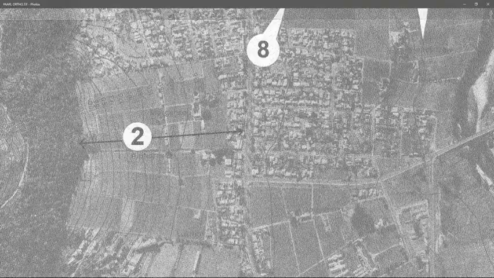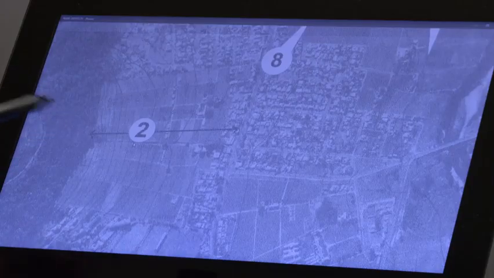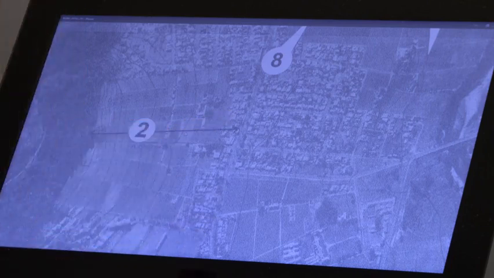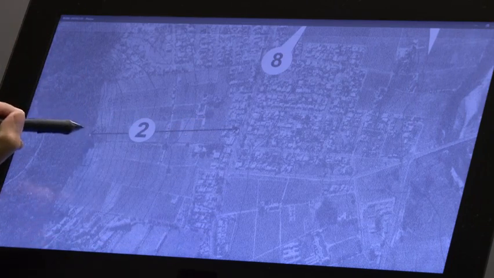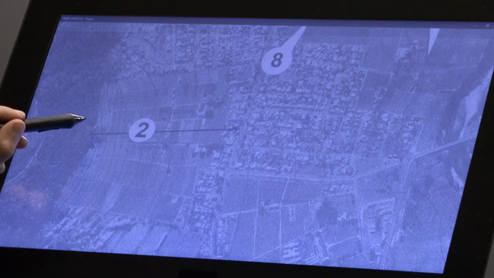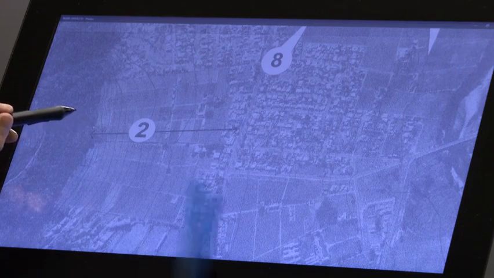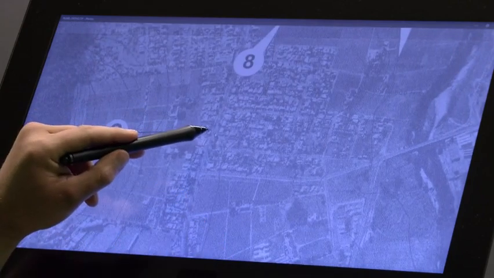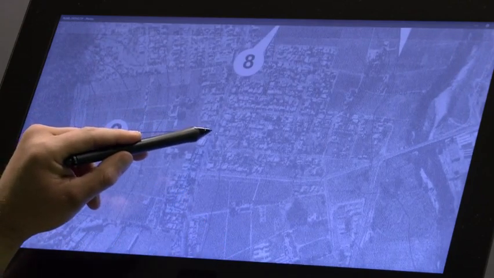But let's say the question asks you to calculate the gradient along the line where number 2 is situated. So let's assume the contour line at number 2 is 1,000 meters. And the contour line on the other side is 400 meters.